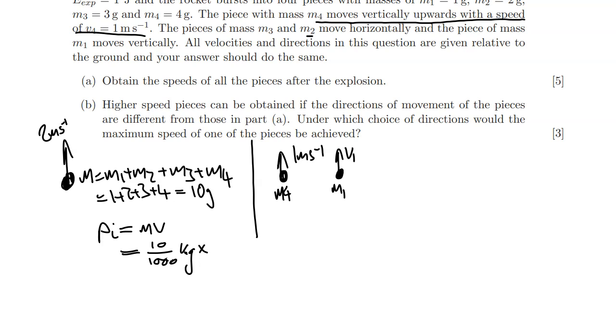So that's 10 over 1000 kilograms times the velocity, 2 meters per second, which is 0.02 kilogram meters per second.